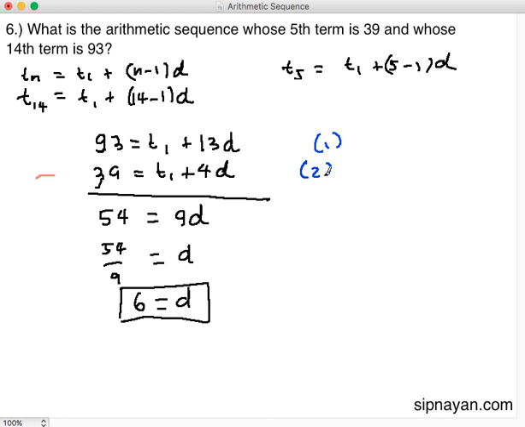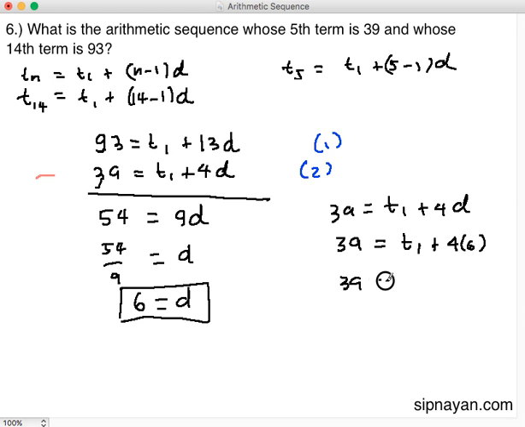So, substituting in equation 2, we have 39 equals t sub 1 plus 4d, and d is 6, so 4 times 6.